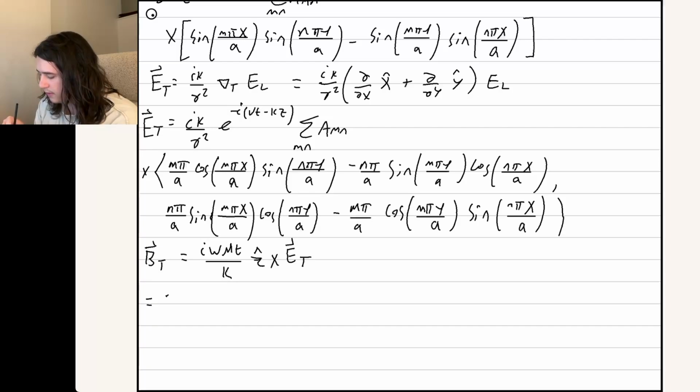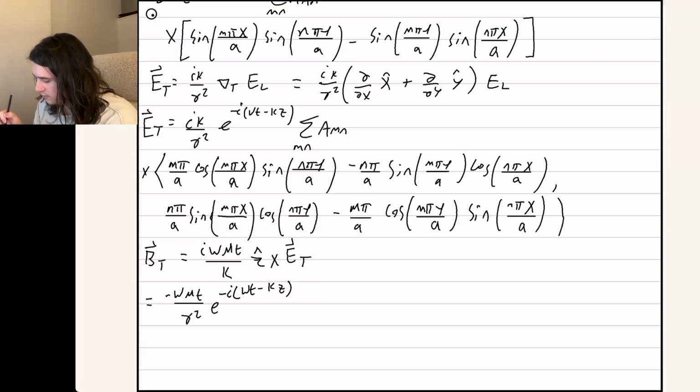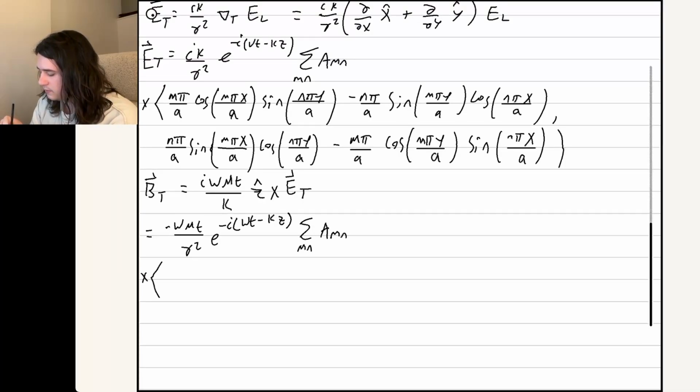So it's going to be now minus omega mu t over gamma squared e to the minus i omega t minus kz, and then the sum over m and n of a m n. And now with the cross product, you're going to have the y component replace the x component, and the negative x component will replace the y component. So nothing too difficult there.